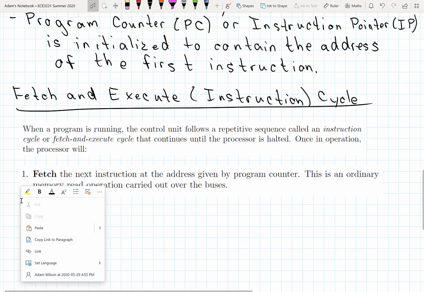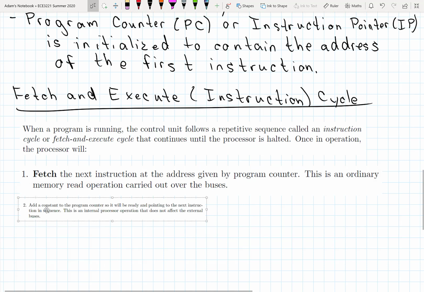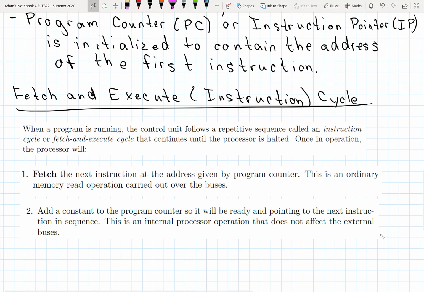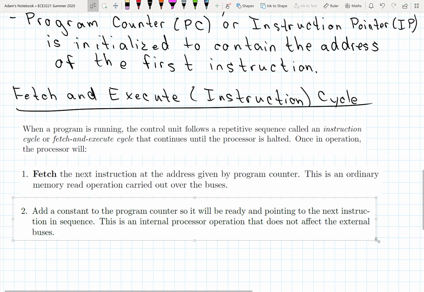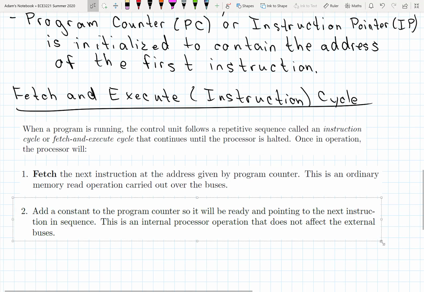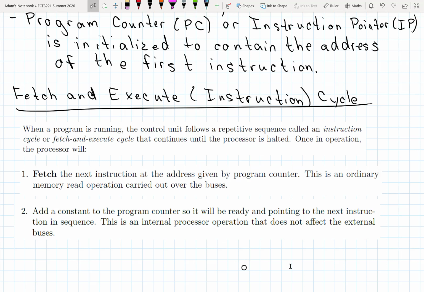The next step, and we've talked a bit about this, and this is a really critical step to recognize, is that even before that instruction that was just fetched is executed, the program counter is first incremented. Okay, so we add a constant to the program counter, so it's already pointing at the next instruction, again, before the instruction that it just fetched is ever executed.